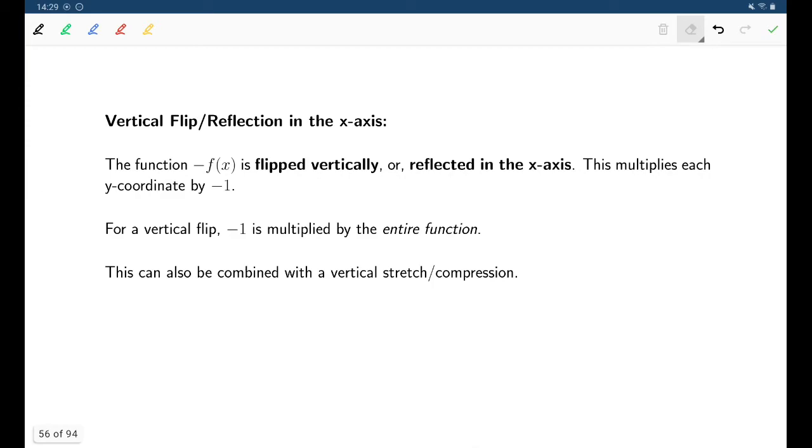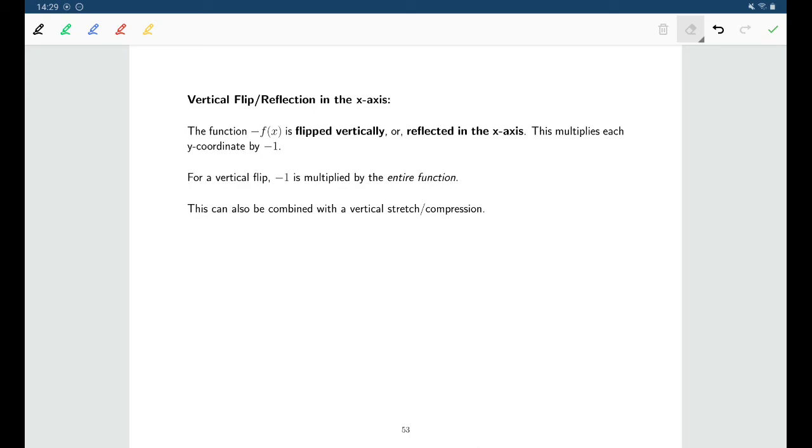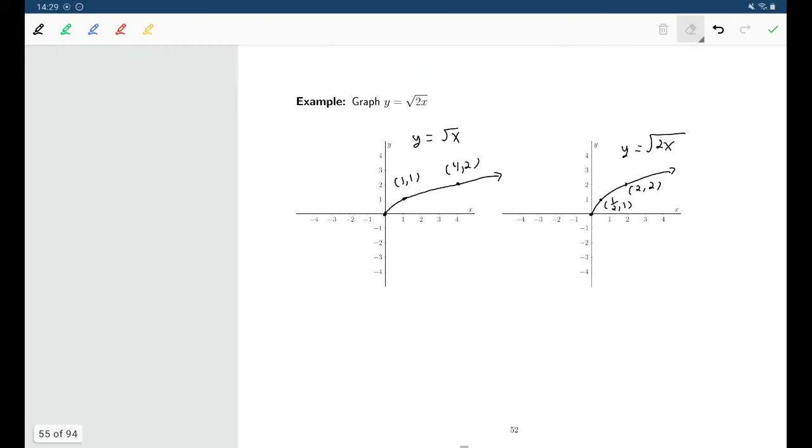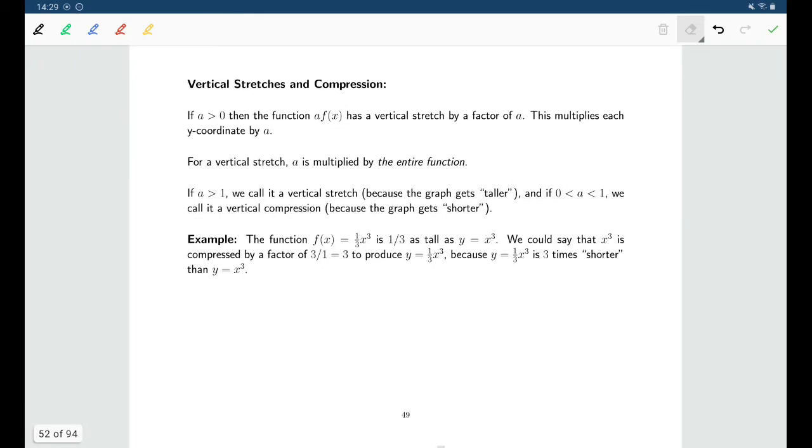Finally, the last kind of transformation is vertical flips and horizontal flips, which, as it turns out, are really just a little extra thing that could be considered part of the vertical and horizontal stretches. Remember that back in the vertical stretches, we were saying that the number we were multiplying the function by was always going to be some sort of positive.